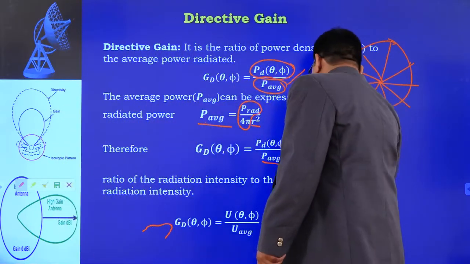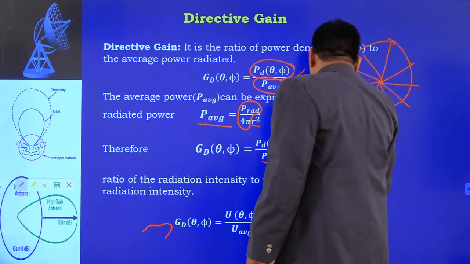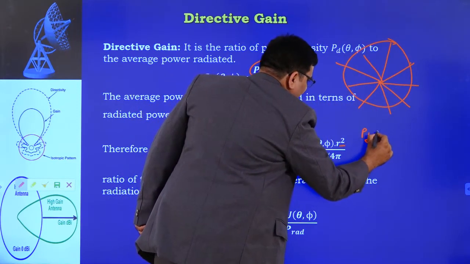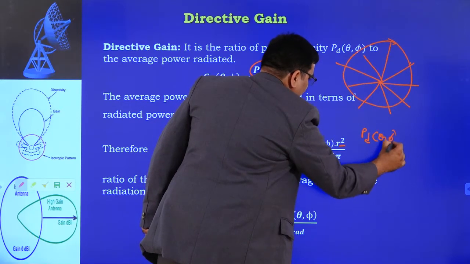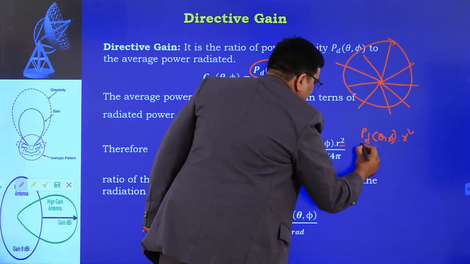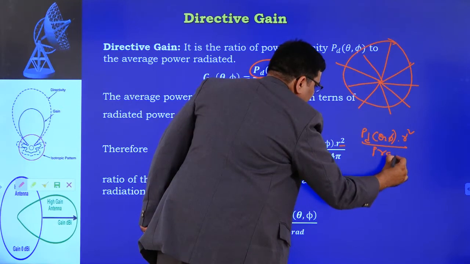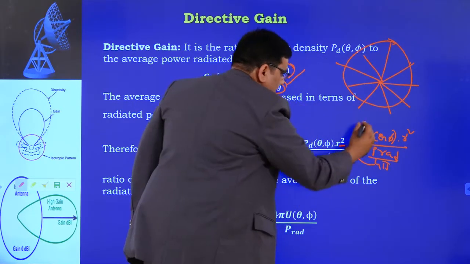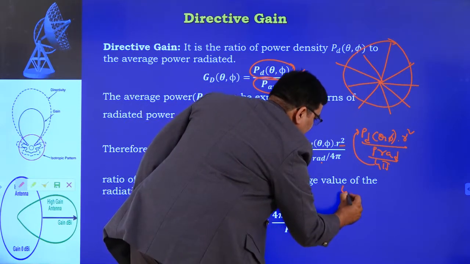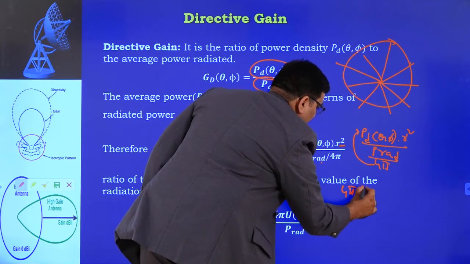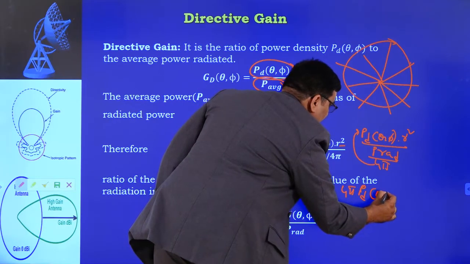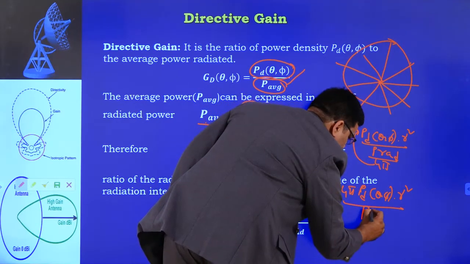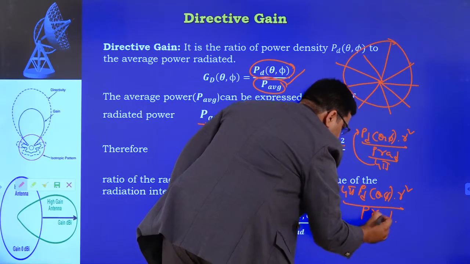This is finally P_D of theta comma phi into r square by P_rad by 4 pi. If you take this term here, then it becomes 4 pi into P_D of theta comma phi into r square by the radiated power P_rad.